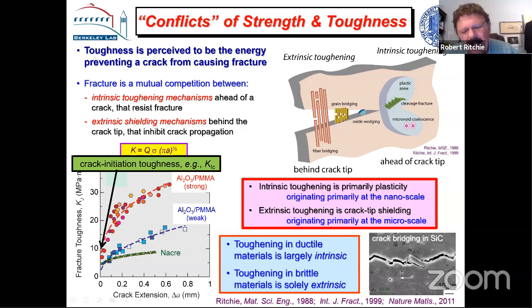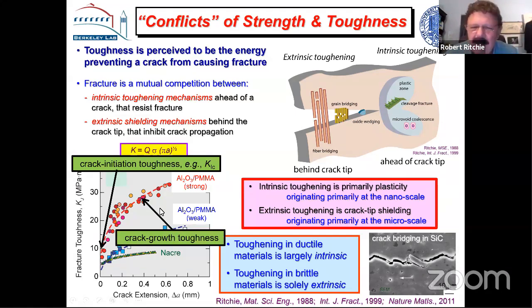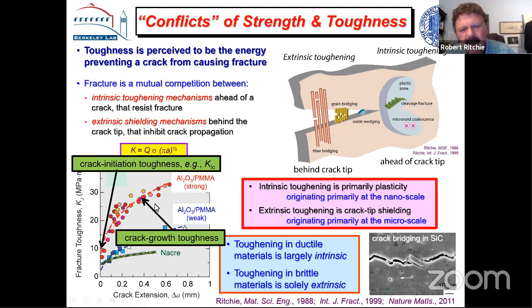But in these materials, there's an awful lot of toughness here, which is basically what I would call the crack growth toughness. Now, it's not so easy to measure robustly with fracture mechanics. The R curve gets a little bit tenuous in terms of justifying it in fracture mechanics, but from a materials science point of view and a materials development point of view, all this toughness is really important.